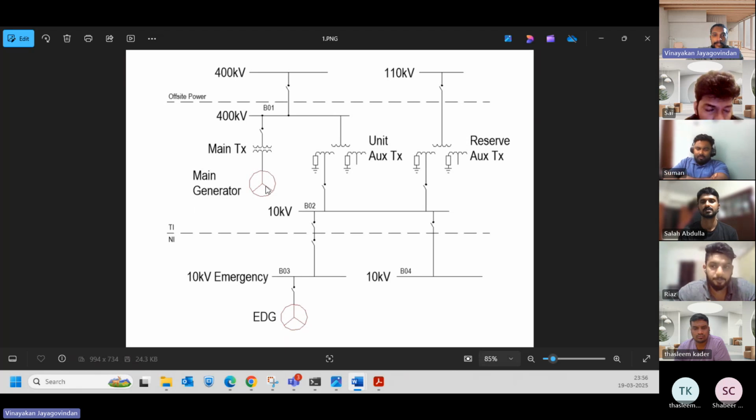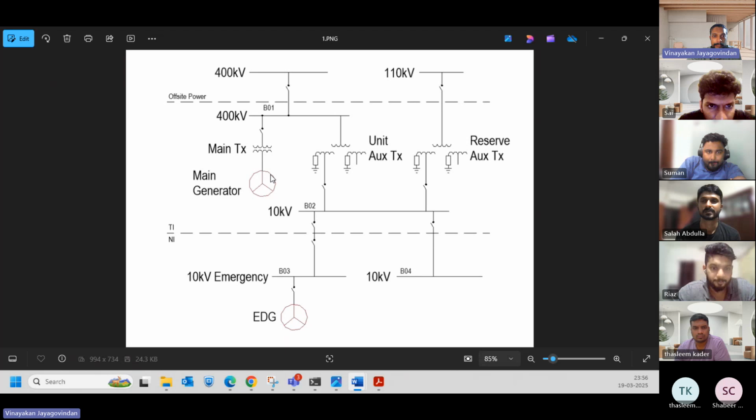Generally, the electrical system consists of a main power system and an auxiliary power system. The main power system consists of the main generator and the associated controls necessary to transmit the power to the offsite grid.